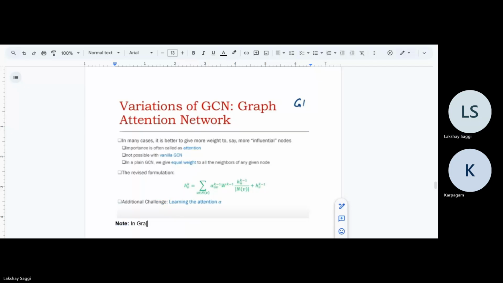In attention networks, the alpha parameters depend on the h values, and the h values depend on the alpha.